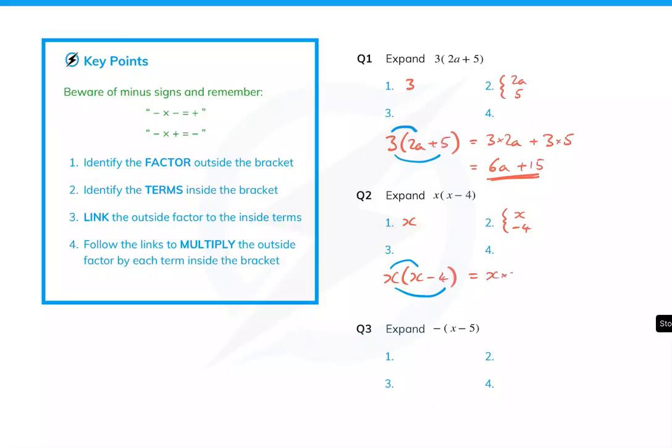So I've got x times x plus x times minus 4. And I've put the minus 4 in a bracket just to be really safe. And now I can simplify this. x times x is x squared, and x times minus 4 is minus 4x. Plus times a minus is a minus. There we go.